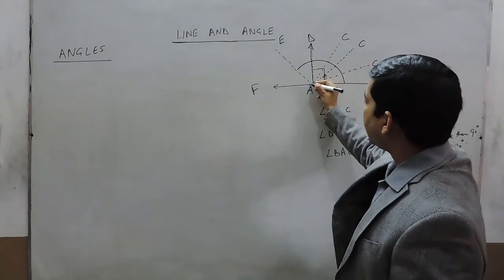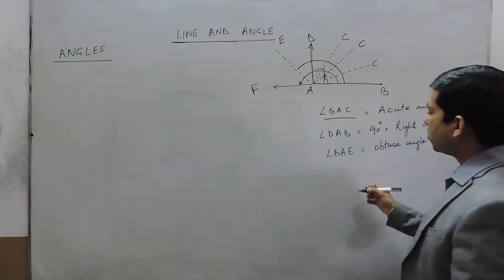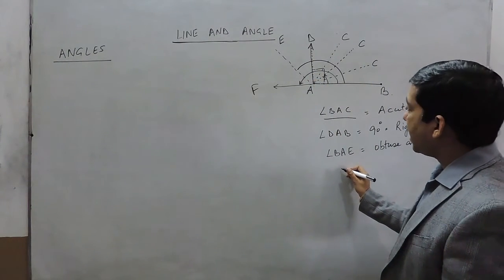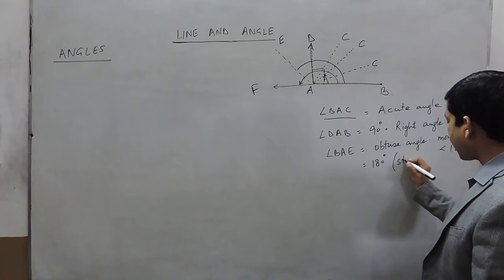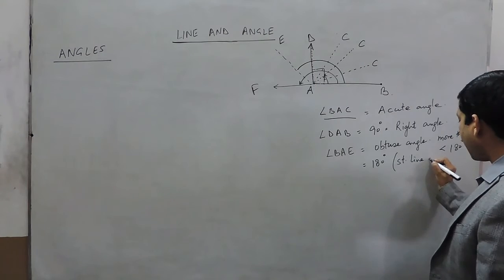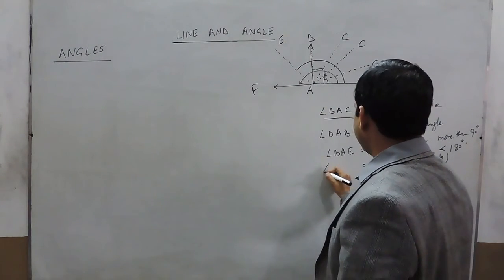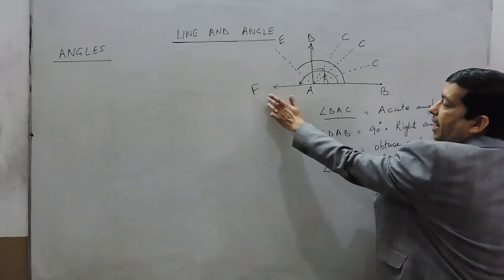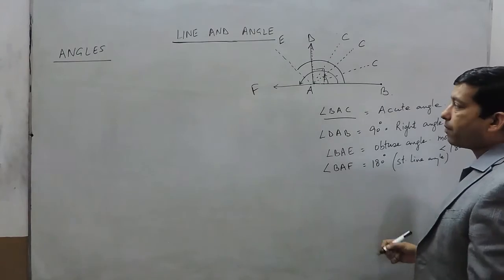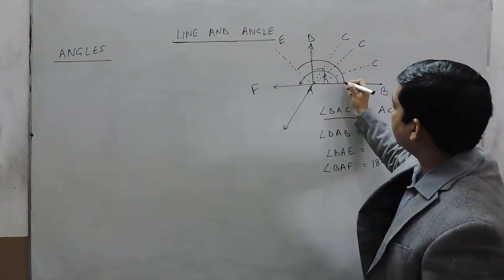If we are considering a straight line angle, then this is known as a straight line angle, or 180 degrees. So any angle which is on a straight line is known as a straight line angle or 180 degree angle.